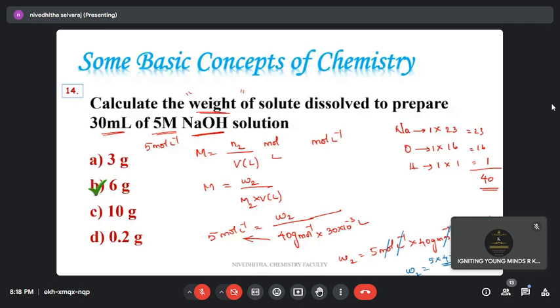So here also we have to calculate the weight of solute, which is W2. The data given is 5 molality, which is concentration, and weight of solvent.